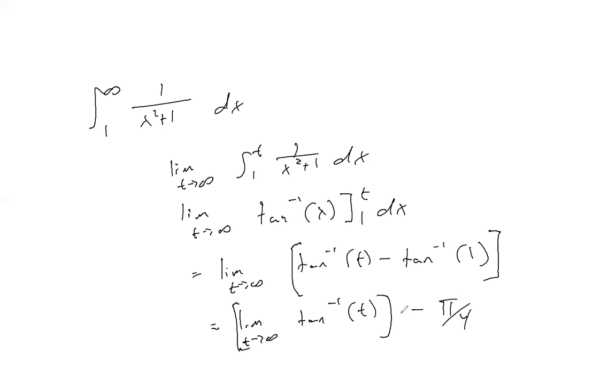So what I end up with is this limit minus pi over 4. Now, what's the limit of tan inverse of t as t goes to infinity? That is pi over 2. So my limit ends up being pi over 2 minus pi over 4 equals pi over 4. So my limit converges, meaning this integral is convergent.